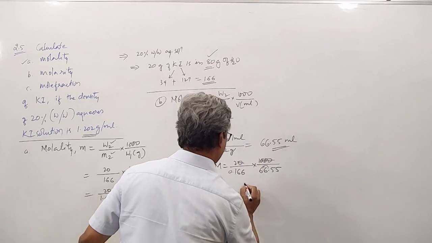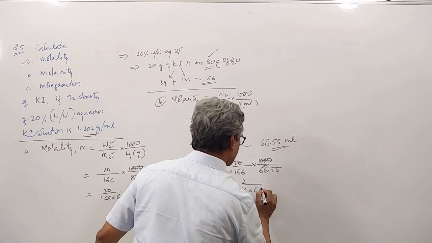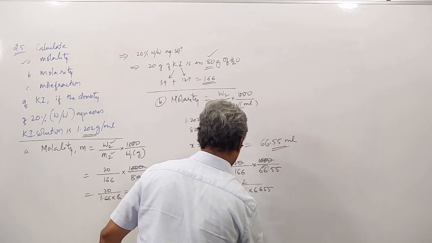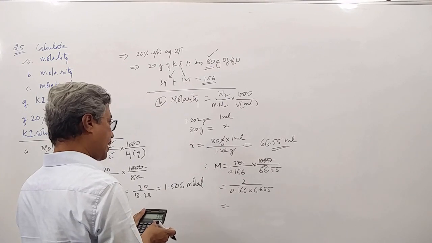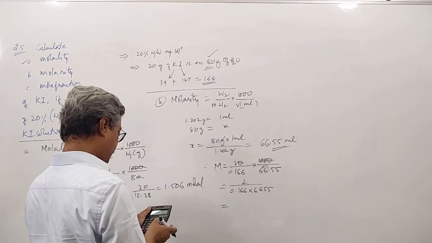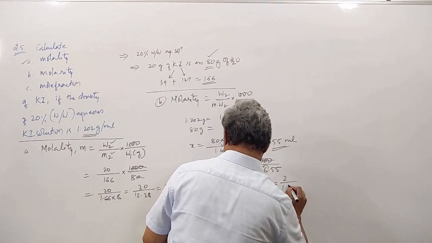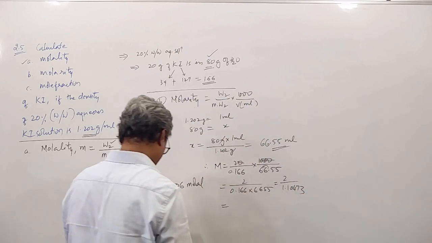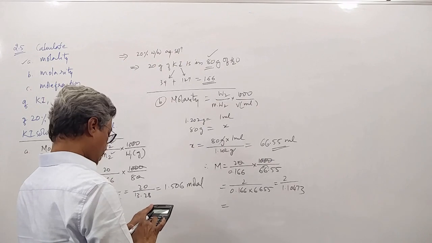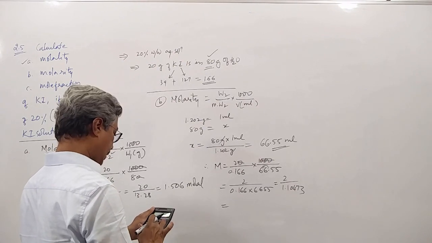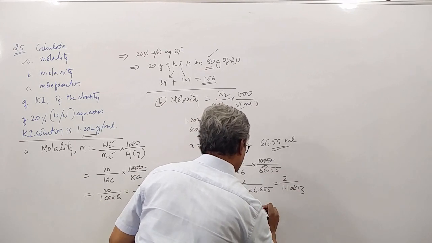That means 2 divided by 0.166 into 6.655. 0.166 into 6.655 will be 1.10473, and molarity hence will be 2 divided by 1.10473. This will be 1.810. This is molarity.